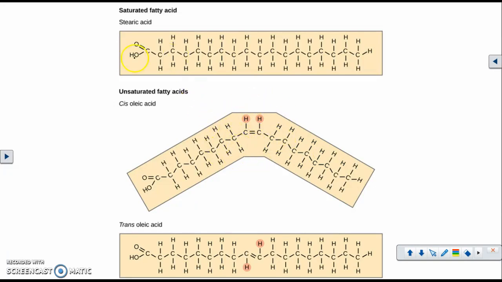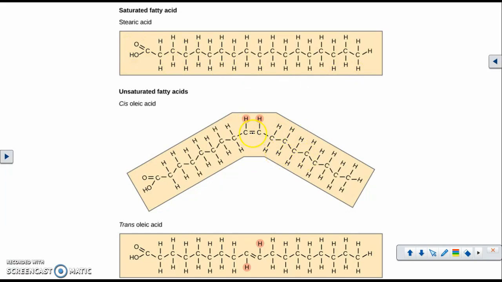If you assume there are multiple stearic acids, and they're linear like so, what happens is they can stack on top of each other. And if they can stack on top of each other, they can create a solid. Okay, so there's compression there. What happens, folks, is if you have a kink, like in a double bond, it's very difficult to stack on top of each other, and this is why oleic acid, which has a double bond as opposed to stearic acid, is liquid at room temperature.